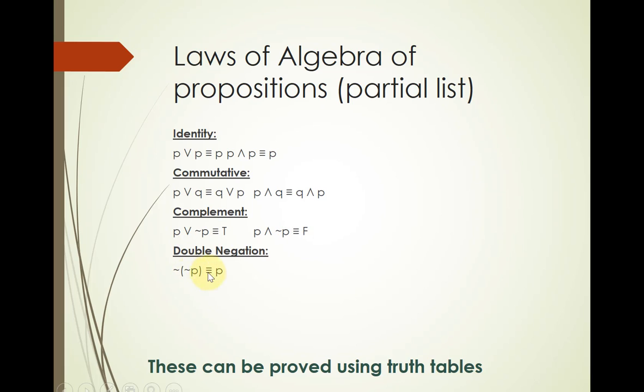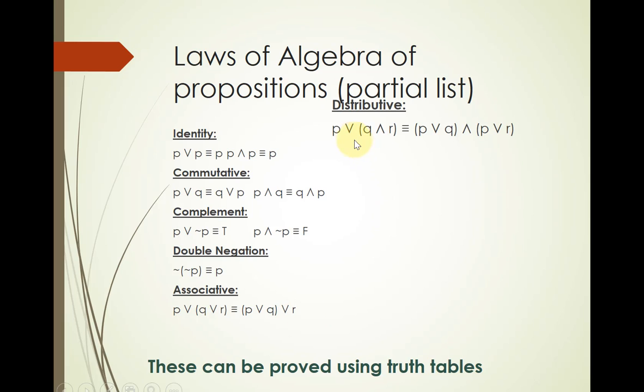Double negation, not not P is equivalent to P. Associative, P or Q or R. So doing these two first and then this one is logically equivalent to doing these two first, that is P or Q first, and then R. Distributive, this one is the same as this one.